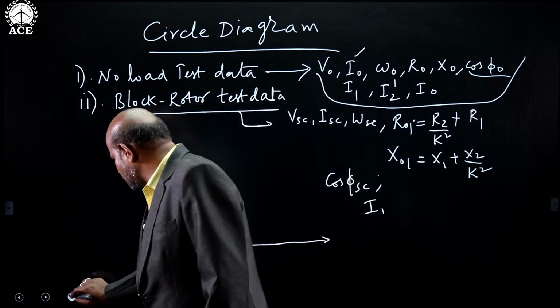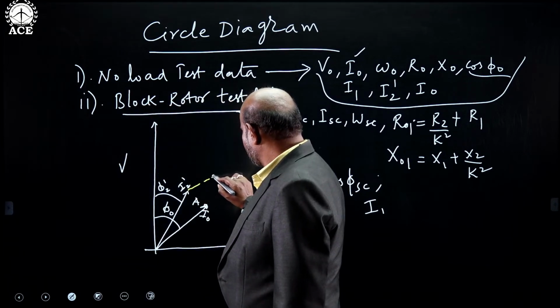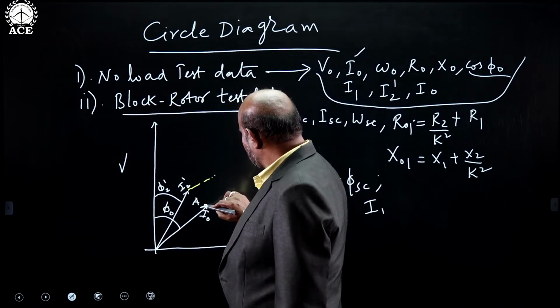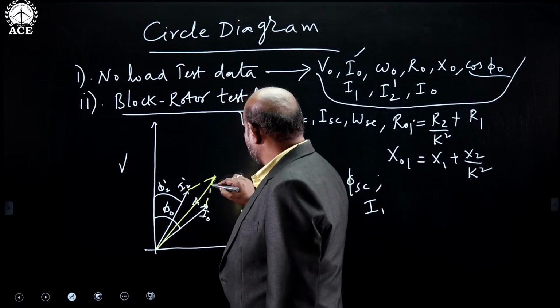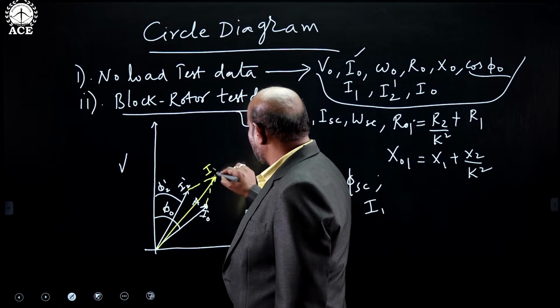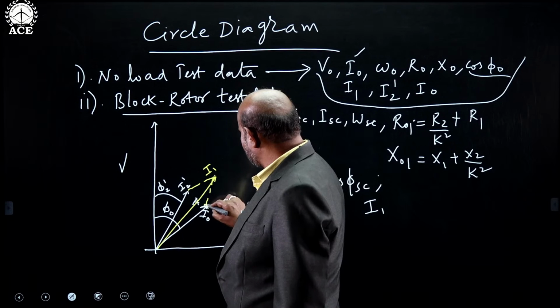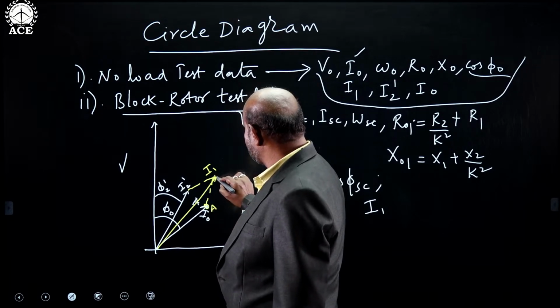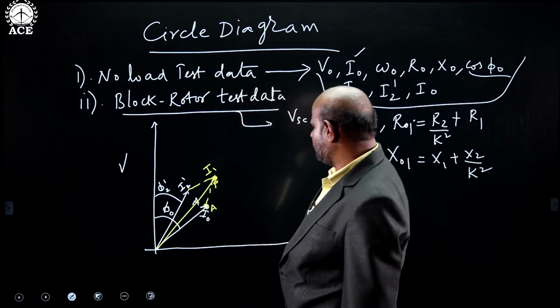So just draw the parallelogram, parallel to I naught and parallel to this. Now this will be I1. Already we have considered this point is A here. Let us consider this point is P, right?